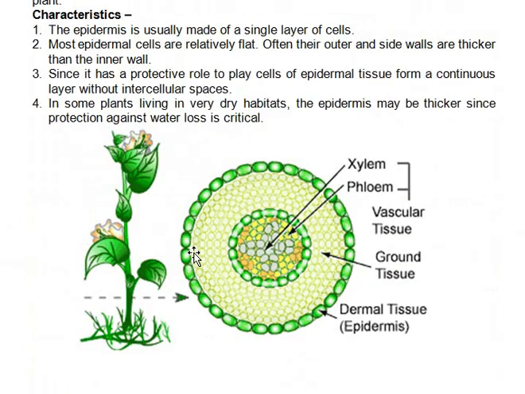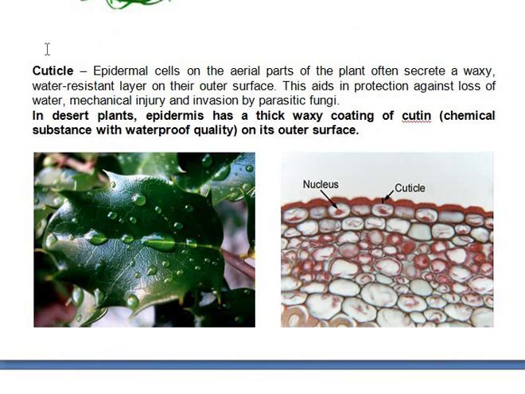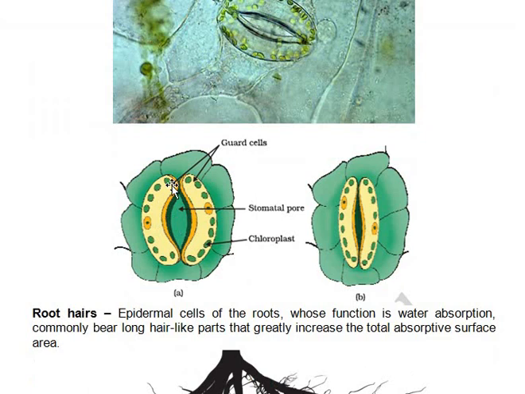So first of all you should know what epidermis is, then the characteristics of epidermis, then the modifications. Number one, cuticle: what is cuticle, what waxy substances are in the cuticle, what is its function, and how it is helpful in desert plants. Then you should know what stomata are, and how to draw the diagram of the open stomata.